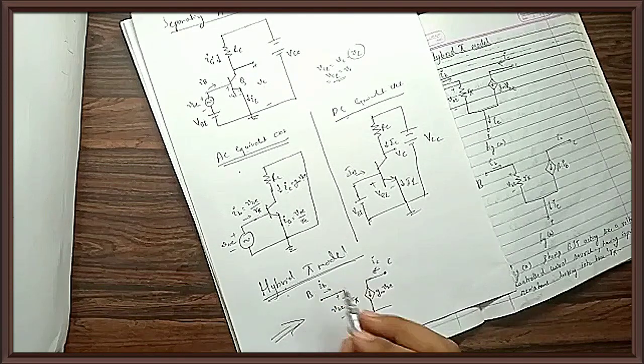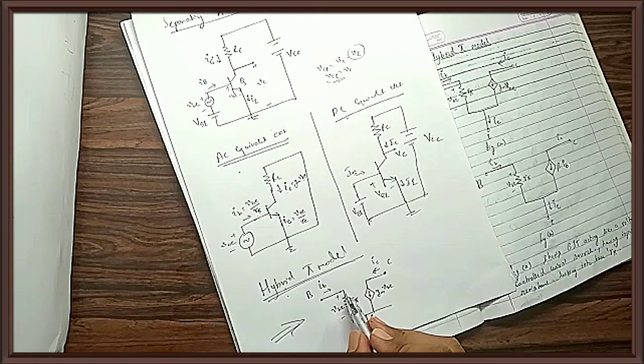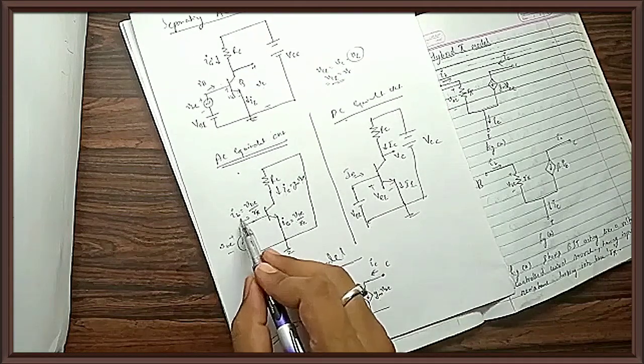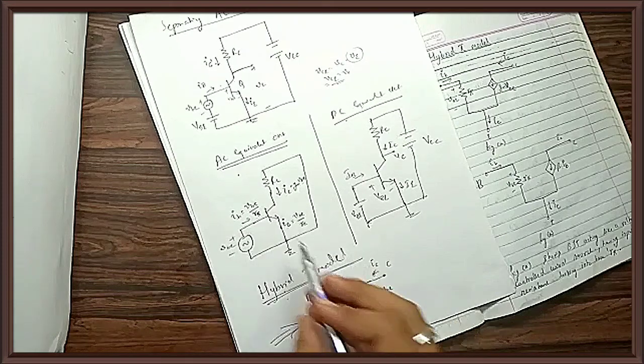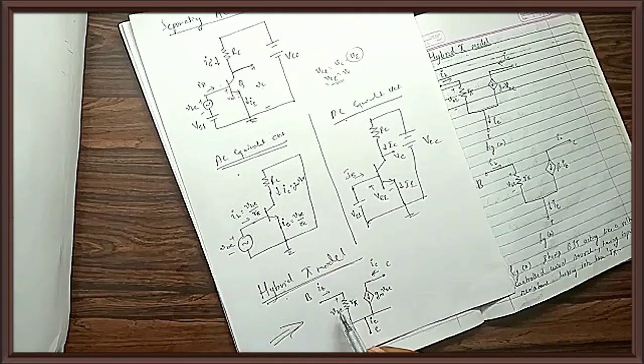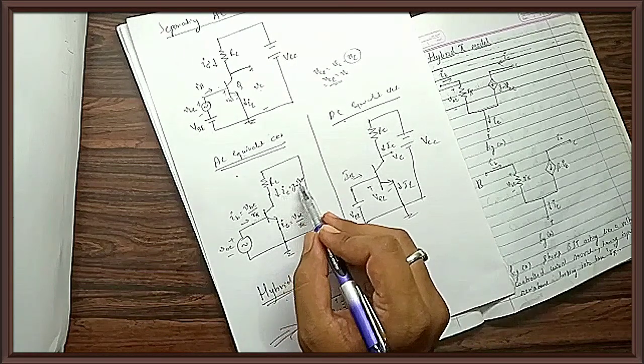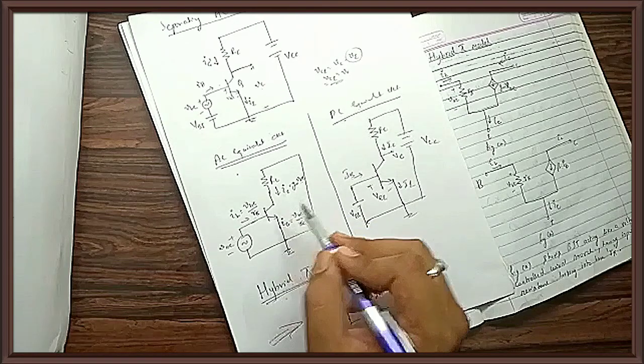I repeat, on the input side I have the current IB, and on the output side I have the current IC. What is IB? VB by R pi. So IB should be flowing across one resistance, which gives me a hint to draw one resistor, that is R pi. The voltage across R pi is VB, and the current IC depends on the input voltage, so I am using a dependent current source.